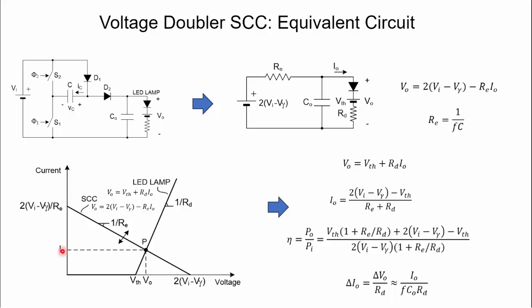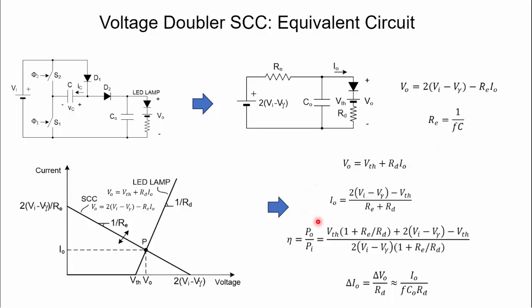And we can also see that using the series equivalent resistance, we can modify the slope of this characteristic of this line, and therefore we can modify also the operating point. So in principle, the variation of Re can be a possibility to regulate and to control the current through the LED. We can modify this resistance by using the switching frequency so that we can change the current through the lamp.